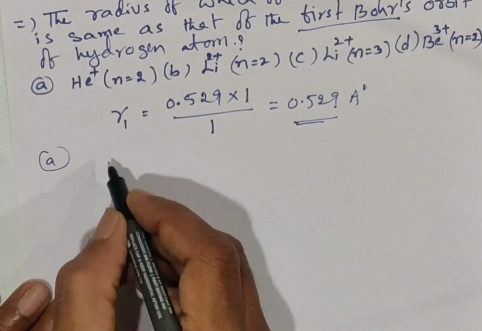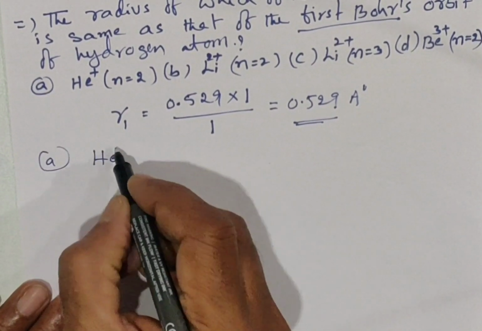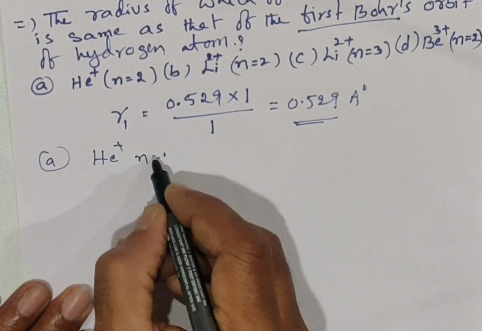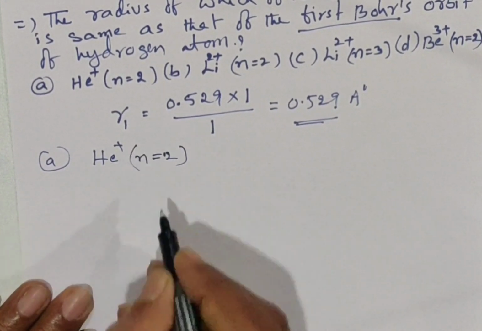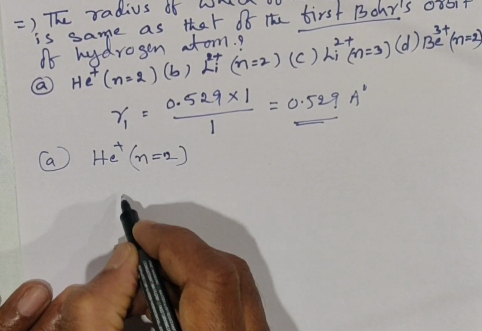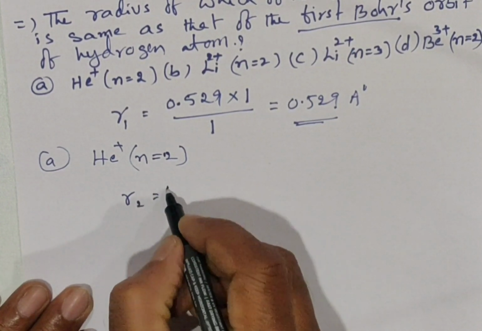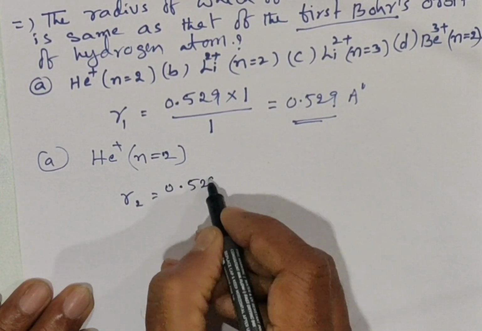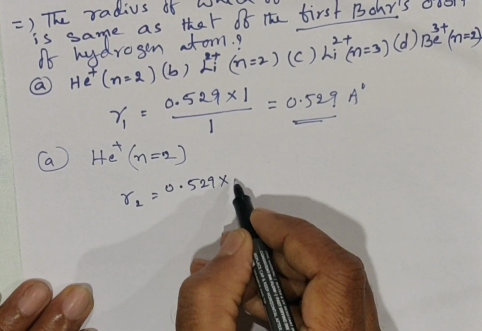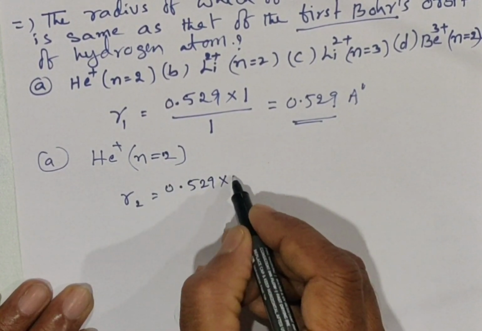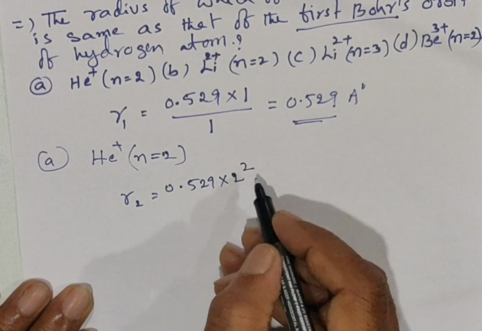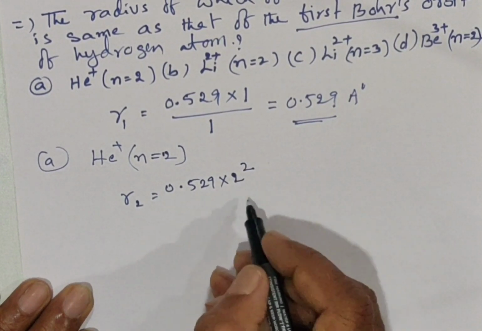Option A, helium plus. Now n is equal to 2. R2 is equal to 0.529 into 2 square, right?